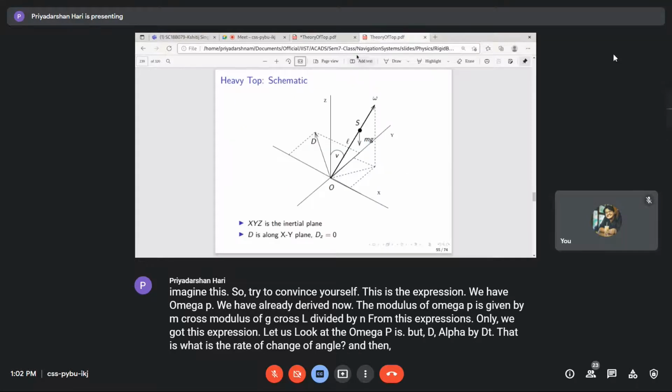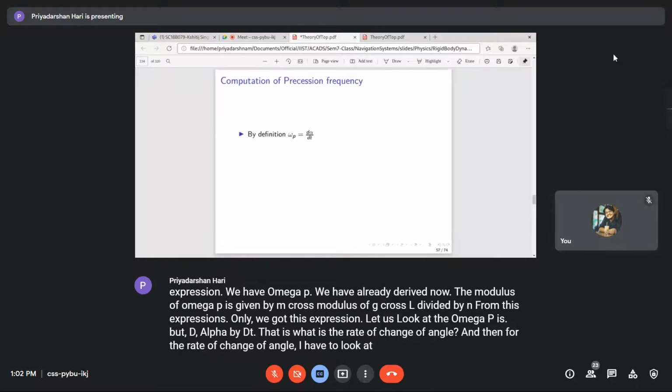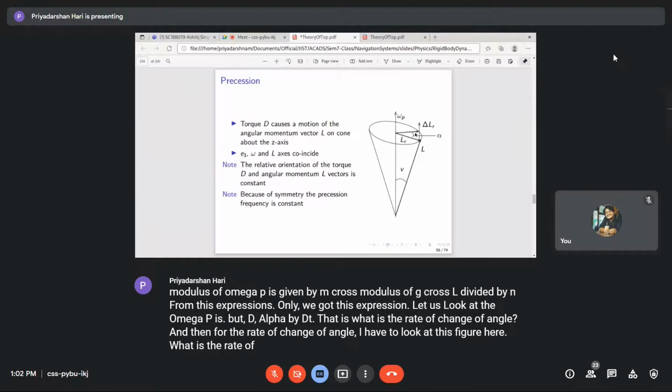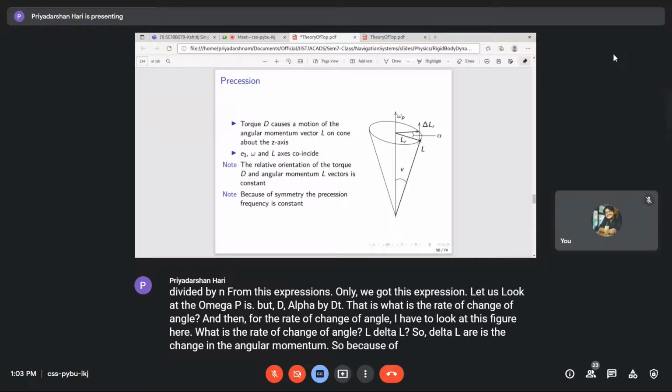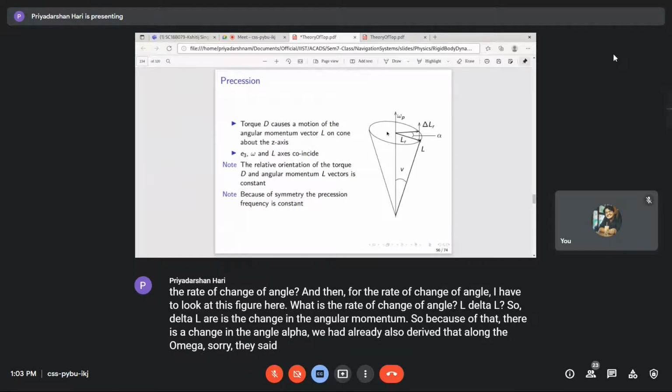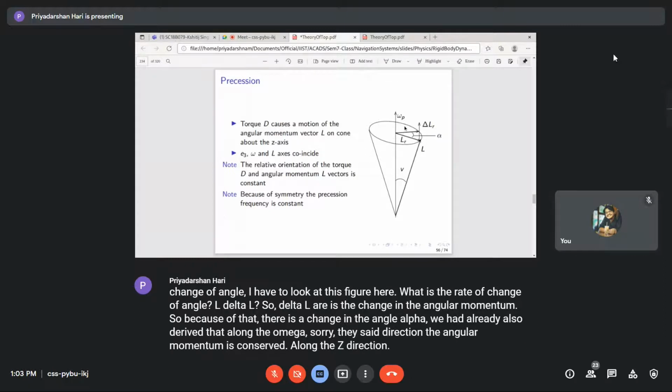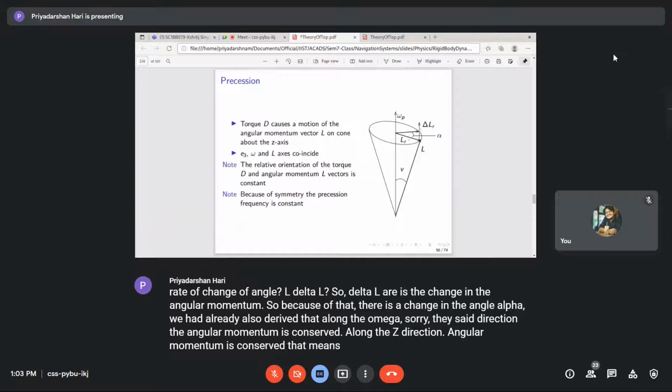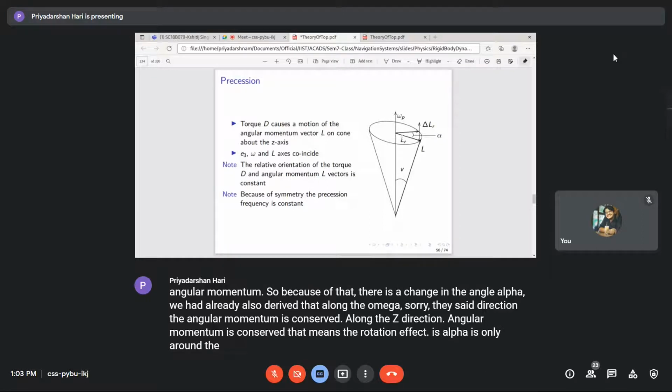For the rate of change of angle, I have to look at this figure here. What is the change in the angular momentum, delta L? Because of that, there is a change in the angle alpha. We had already also derived that along the Z direction, the angular momentum is conserved. That means the rotation effect alpha is only around the Z axis, which is the omega p direction.